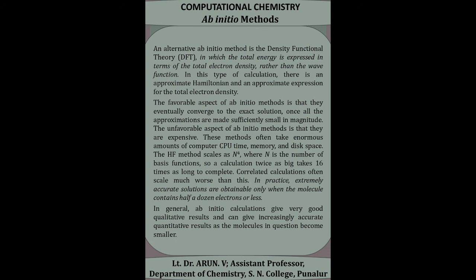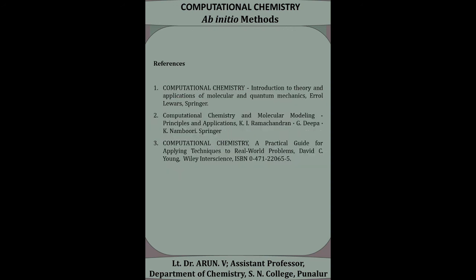So a calculation twice as big takes 16 times as long to complete. Correlated calculations often scale much worse than this. In practice, extremely accurate solutions are obtainable only when the molecule contains half a dozen electrons or less. In general, ab initio calculations give very good qualitative results and can give increasingly accurate quantitative results as the molecules in question become smaller.